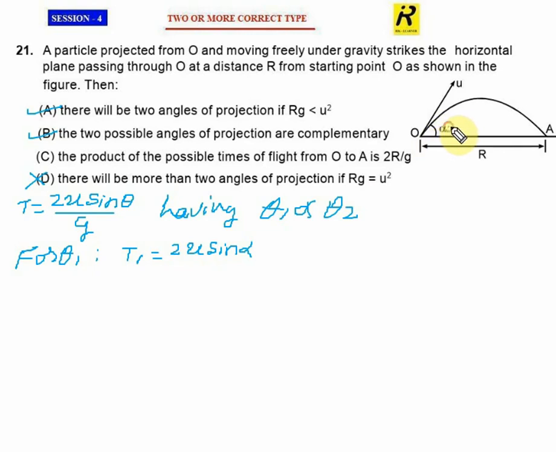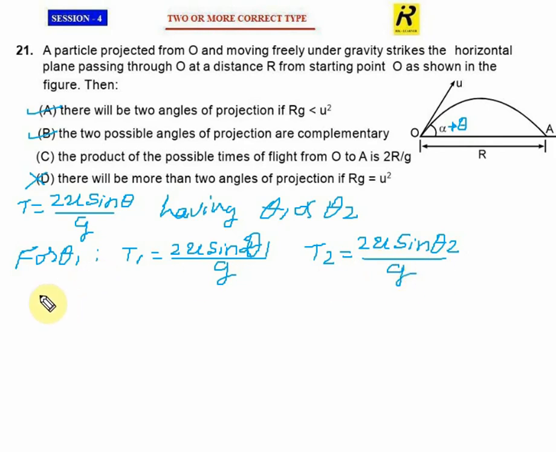Alpha or theta, nothing changes. For the other angle theta 2, it is 2u sine theta 2 divided by g. But we know theta 1 plus theta 2 is equal to 90 degrees.